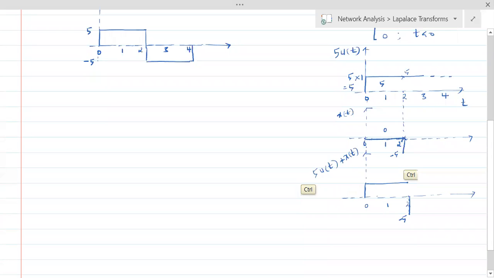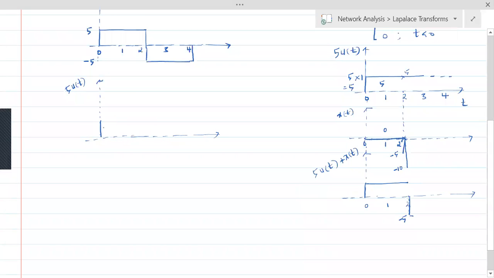So I need something like this here. Everybody, just observe. I need a signal which is -10. If it is -10, what would happen? 5 minus -10 would give you -5. So which signals do I need to obtain the given signal? One is 5u(t).